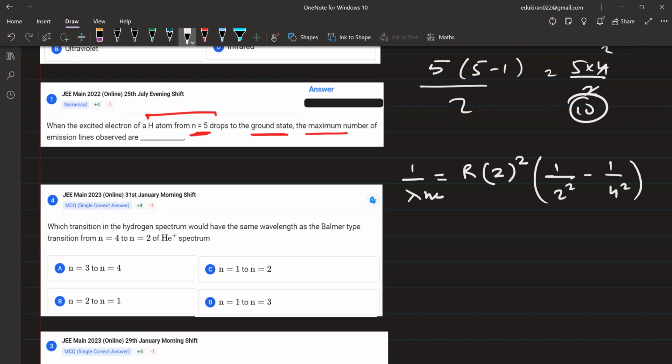This is for HE. 1 upon lambda for hydrogen will be equal to R into 1 upon n1 square minus 1 upon n2 square.